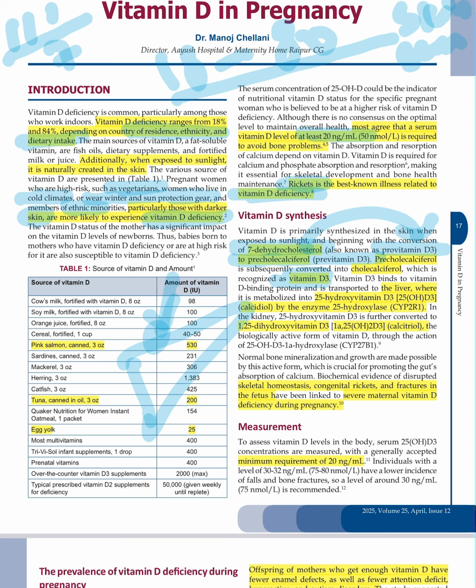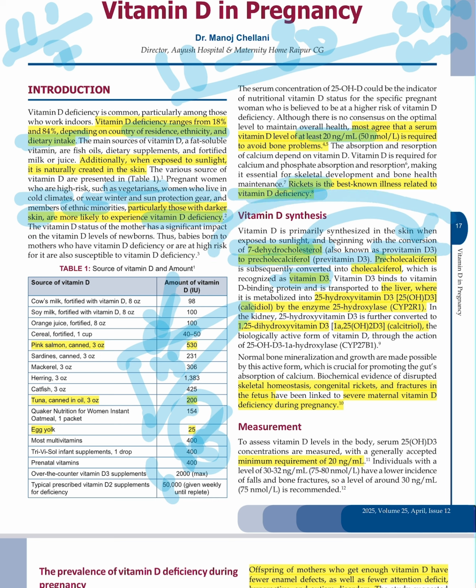So vitamin D3 becomes 25-hydroxy vitamin D3 by means of 25-hydroxylase. This 25-hydroxy vitamin D3 in the kidneys becomes 1,25-dihydroxy vitamin D3, which is known as calcitriol.